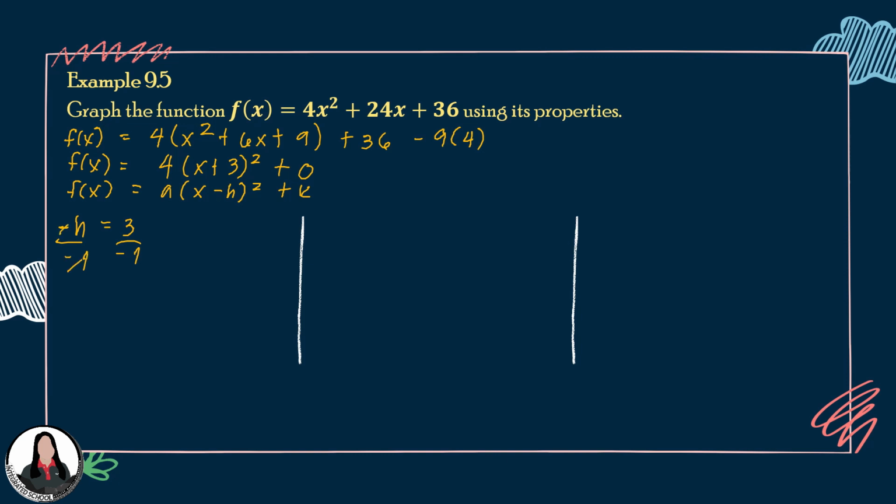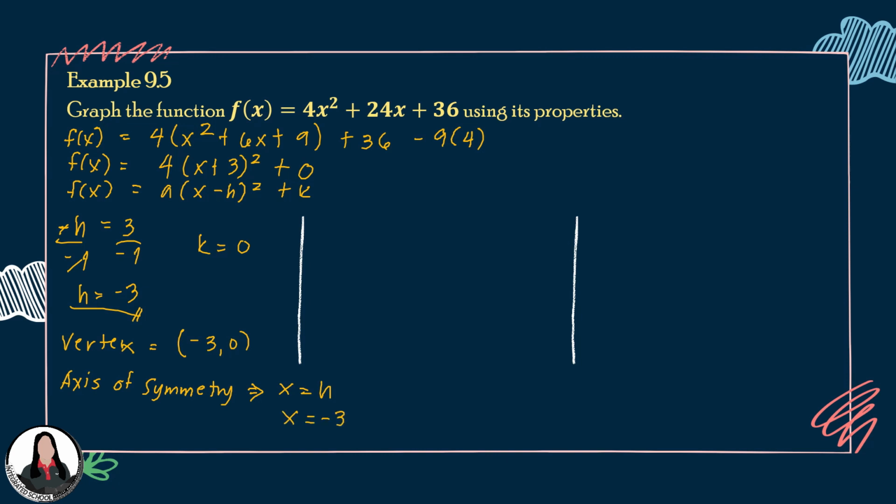So simply, h is equal to negative 3. And then for our value of k naman is 0. So that means our vertex is negative 3, 0. And of course, for the axis of symmetry, since this can be obtained by x equals h and h is negative 3, so that is x equals negative 3.